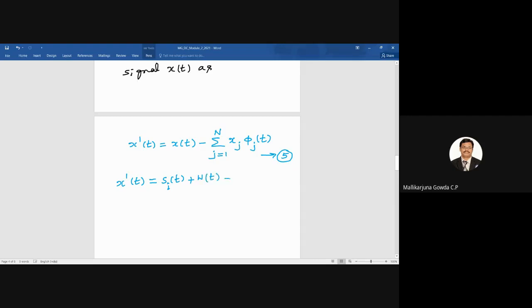Then minus summation j is 1 to n, and what is xj?